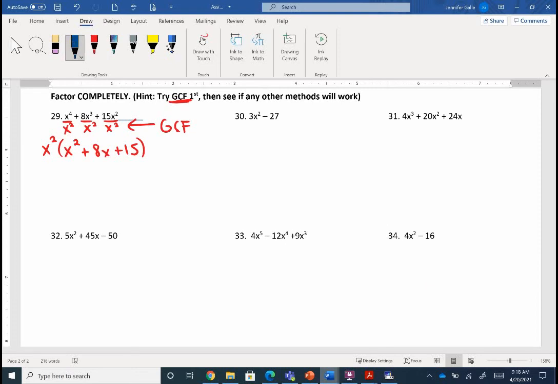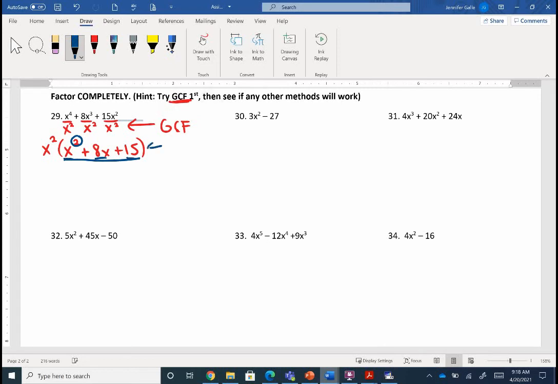Now, taking this to the next level. This isn't anything new. We now look inside those parentheses. Now, as I look inside those parentheses, I now have highest exponent, 2, and I have 1, 2, 3 terms.